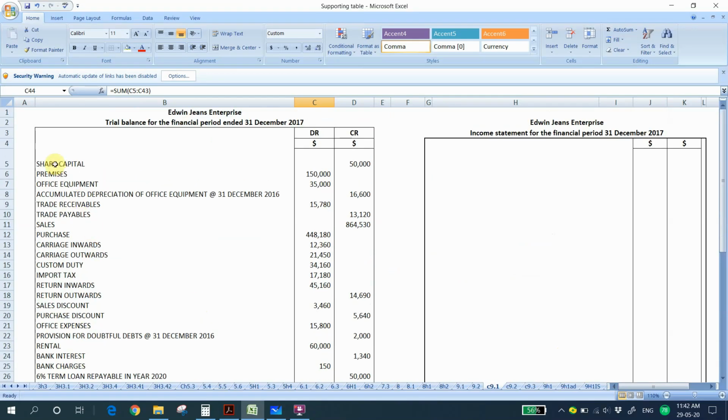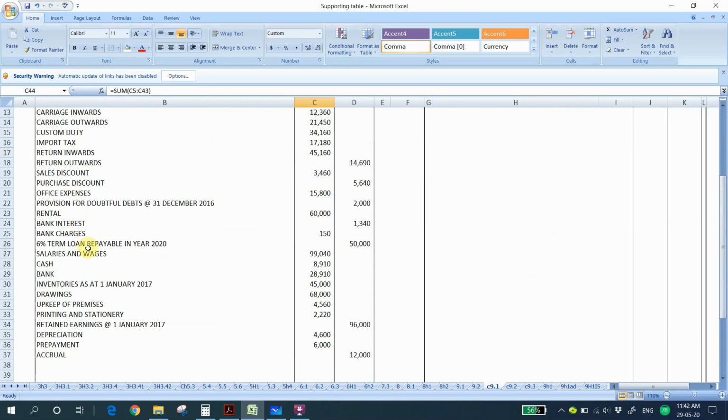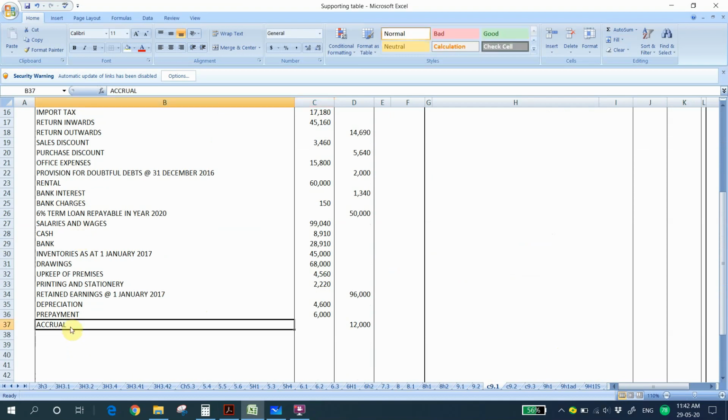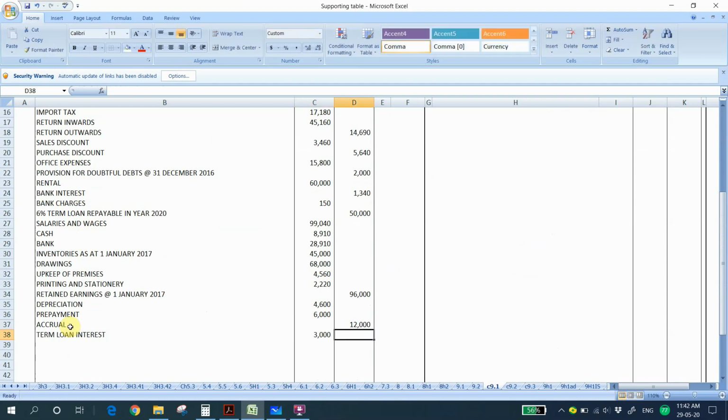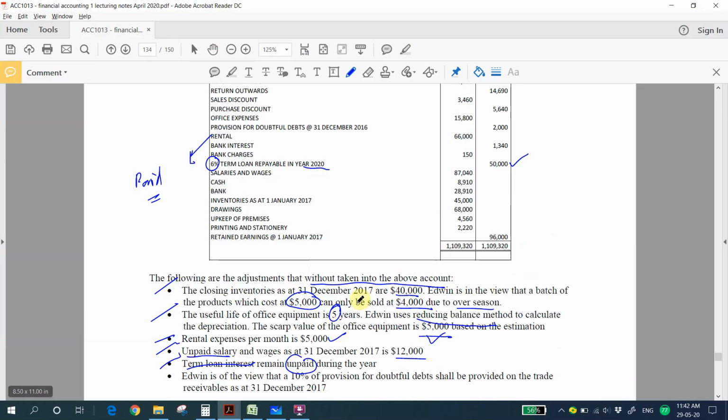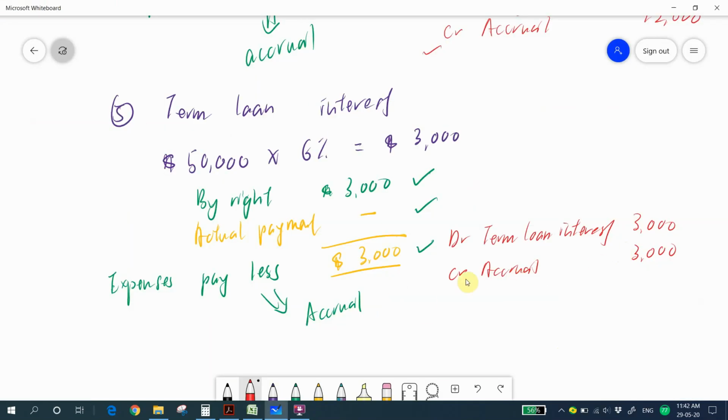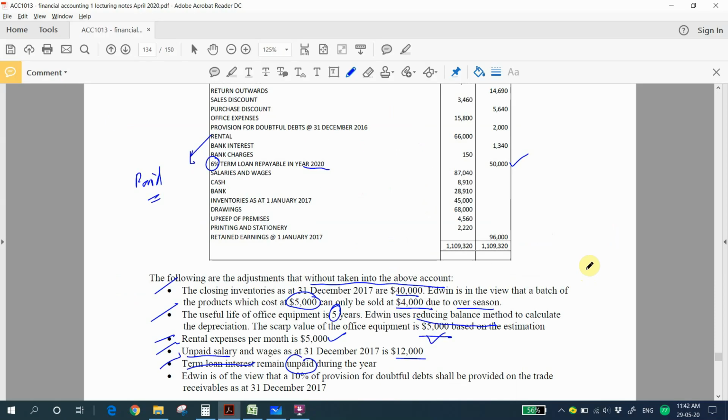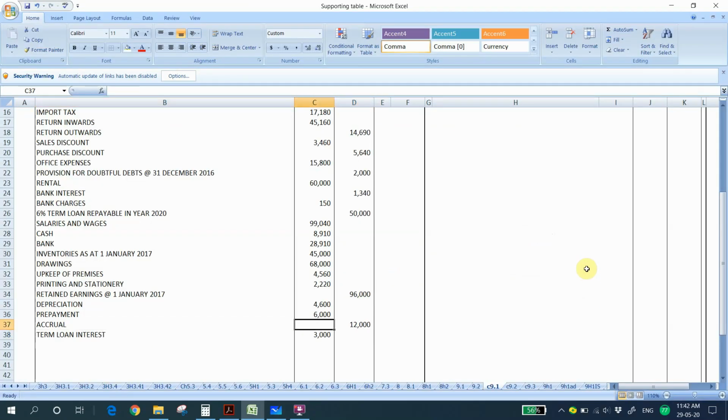Do we have term loan interest here? No, we don't. So we add term loan interest, 3,000 on the debit. And for the credit, we have to credit accruals, right? And we already have one accrual here. So we just add 3,000 on the credit.